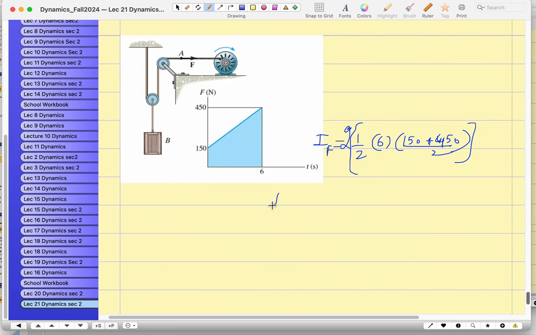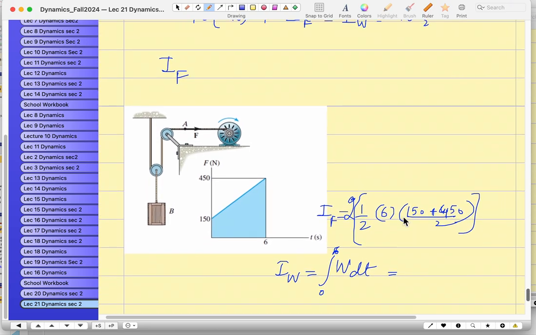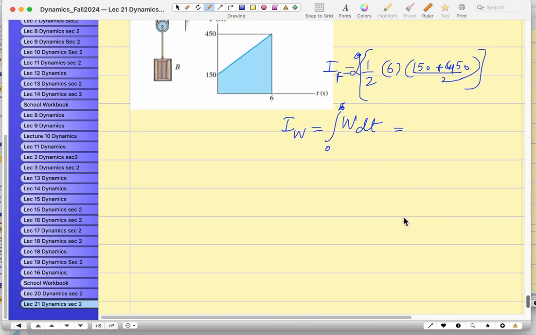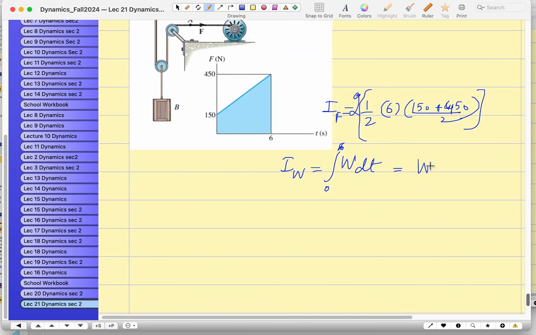The impulse of the weight equals W times dt from 0 to 6. W equals mass times gravity, so W is outside the parentheses times delta t, which is 6. So W equals mg delta t.